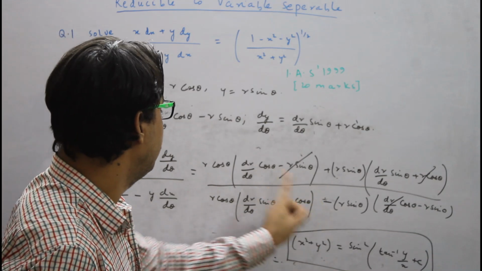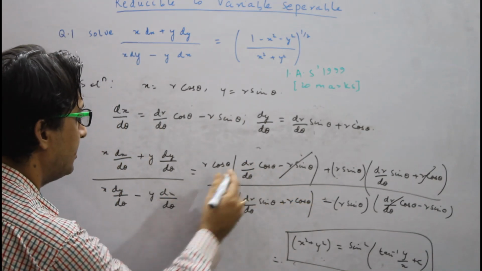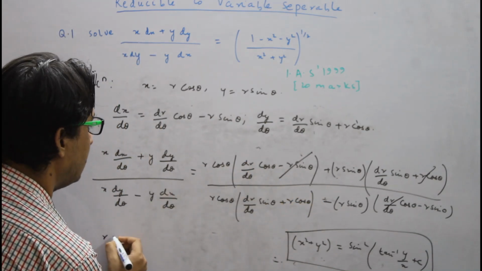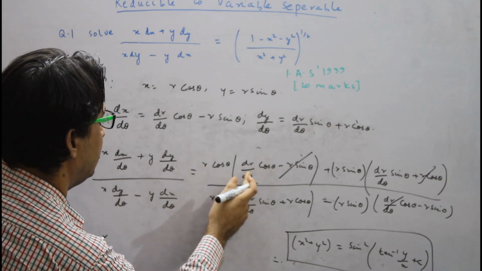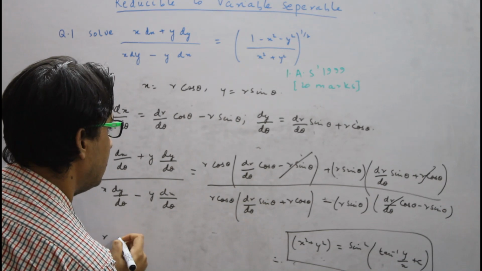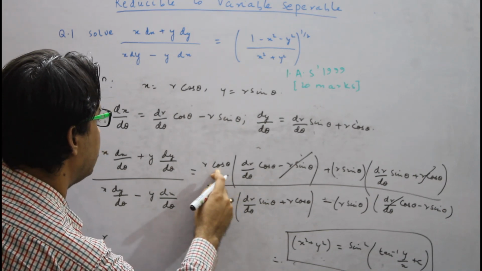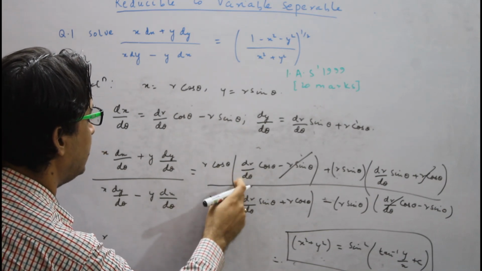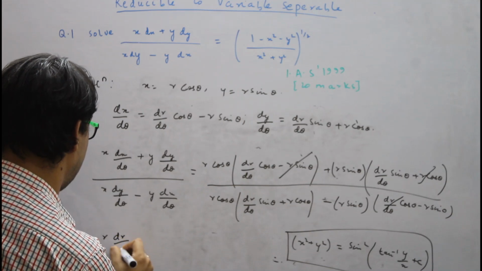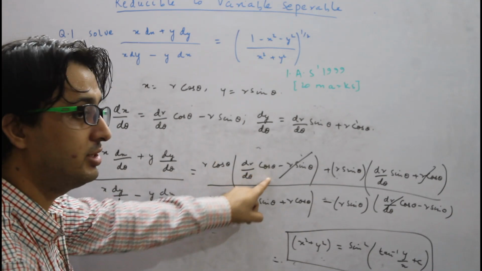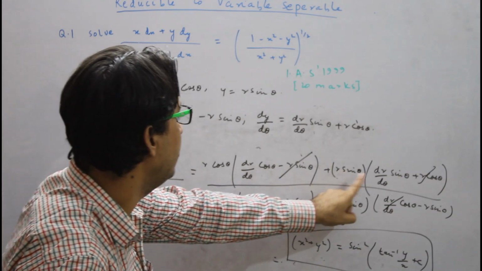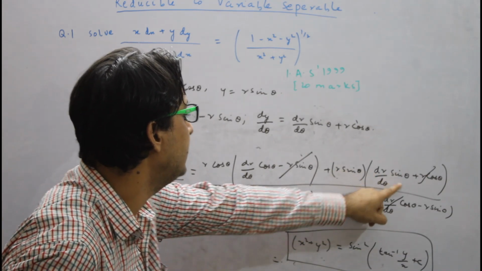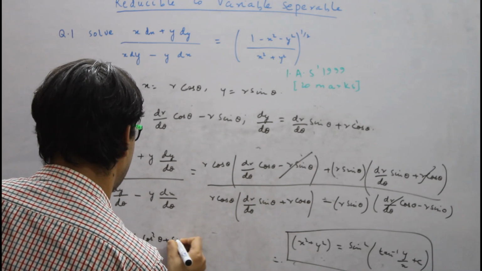So here we can write this as r times, if we take r dr by d theta, so cos into cos is cos square theta, plus dr by d theta, sin into sin is sin square theta.